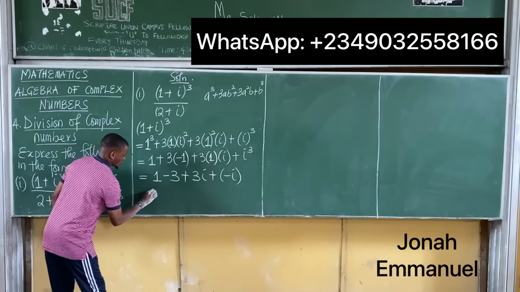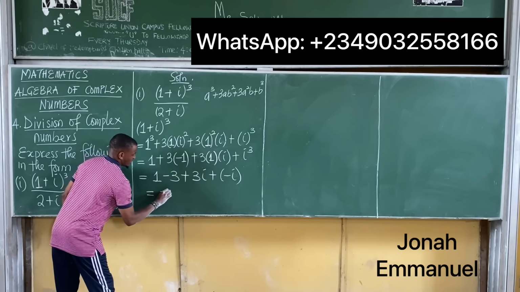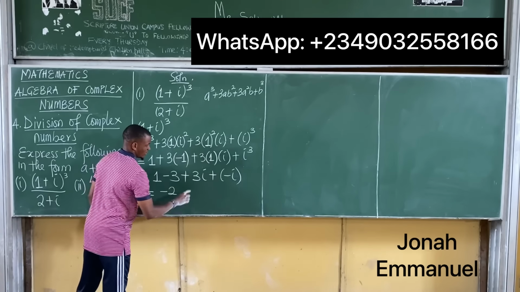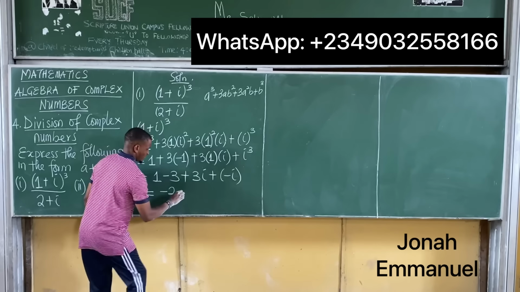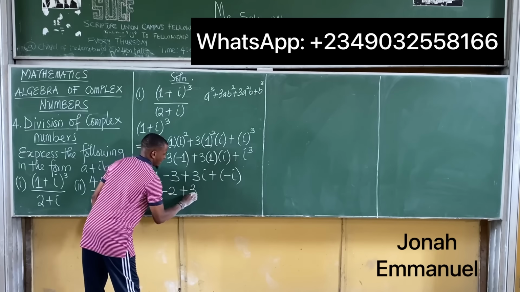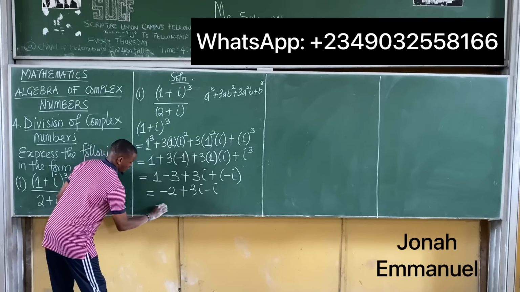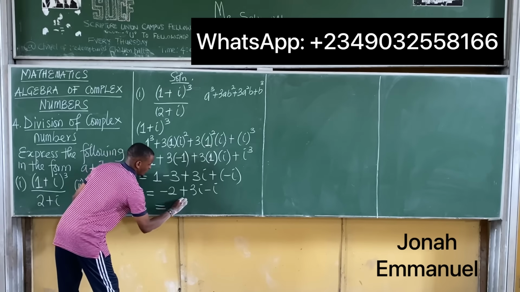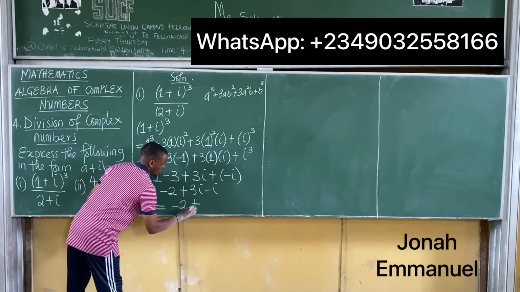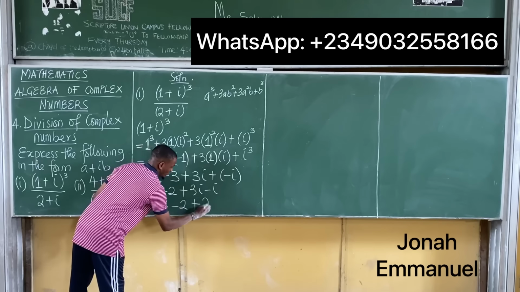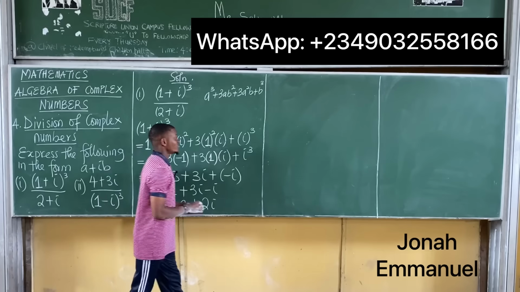So this is equal to 1 minus 3 is minus 2, 3i, so plus 3i plus minus is minus i. If you simplify this, that's equal to minus 2 plus 3 minus 1 is 2i. So I've gotten my answer.